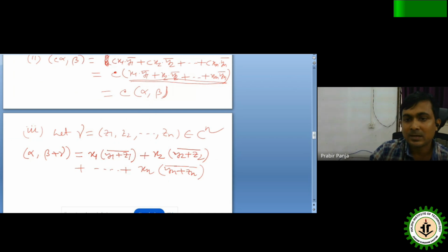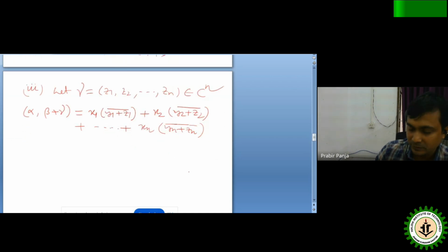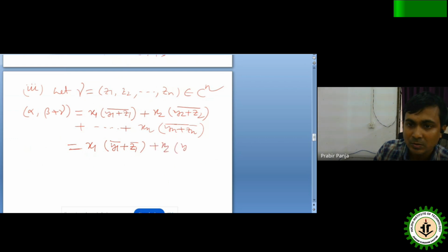Now, simplifying this expression using the conjugate of a complex number, this will be x1 into y1 bar plus z1 bar plus x2 into y2 bar plus z2 bar, and in the same way xn into yn bar plus zn bar.